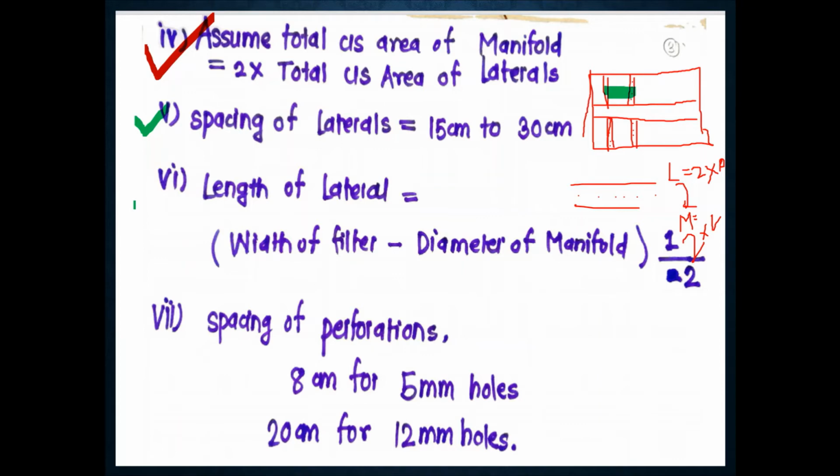Then the length of each lateral is equal to (width of filter minus diameter of manifold) divided by 2, or width of filter divided by 2 minus diameter of manifold divided by 2. One half we have taken common, and outside the bracket it becomes divided by 2 to the whole expression, that is, (width of filter minus diameter of manifold) divided by 2.